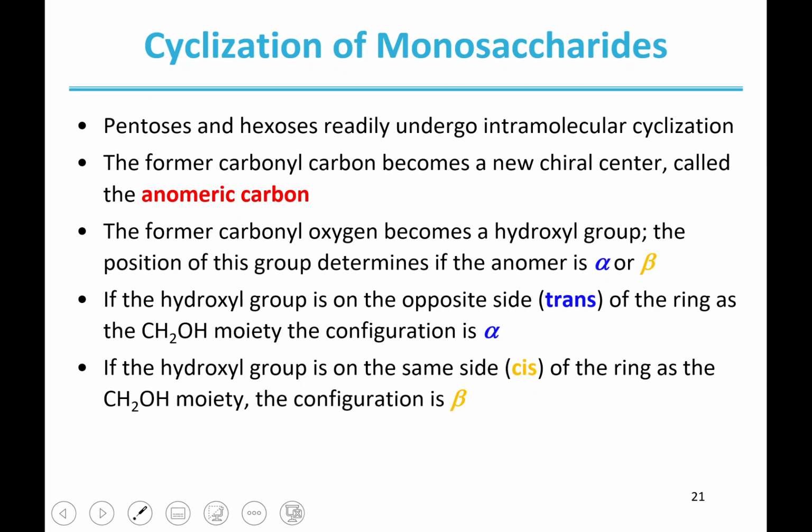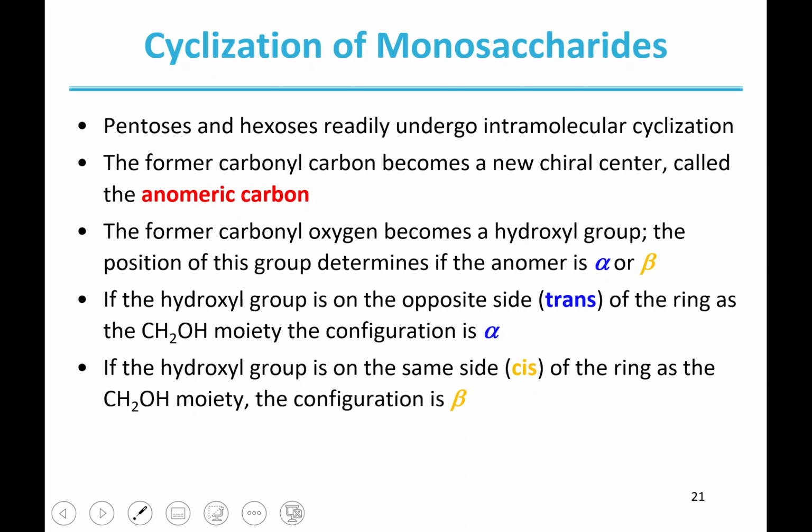That former carbonyl oxygen is going to become a hydroxyl group, and if you think of a ring structure, that new OH group can either be above the ring or below the ring. And we term those two choices as alpha and beta.